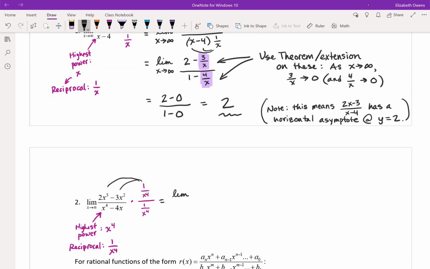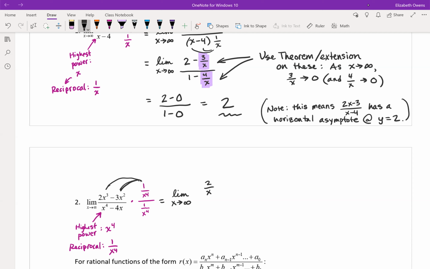We haven't used any values, haven't plugged anything in yet, so keep writing limit. And in the numerator, some of those x's would cancel. We'd have 2x cubed over x to the 4th, so that would be 2 over x ultimately with that distribution.